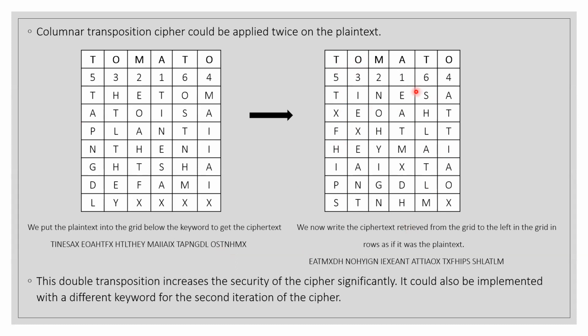And again, we read the columns numbered in ascending order to get the ciphertext. So it is called a double transposition cipher, and it increases the security of the cipher significantly. So the first time I'm using this keyword, the second time I can use the same keyword or some different keyword of different length.